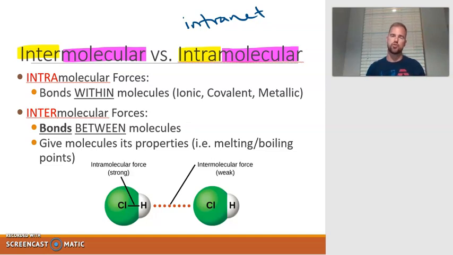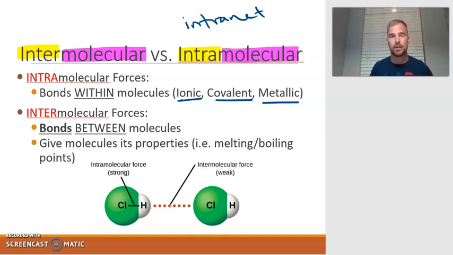So when we say intramolecular, we mean within the molecule. Intramolecular forces are really the bonds that hold the actual molecule together. This is what we learned about in topic 5 with ionic and covalent, but we're also going to learn in this topic about metallic, because there are metallic bonds as well. These are what hold the molecules together themselves.